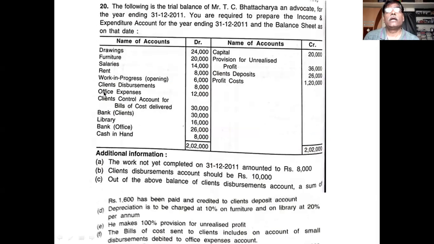Client disbursement, office expense go to income and expenditure. Client disbursement, client control, provision and asset go to the balance sheet. Bank, library books, bank, cash: these are the balance sheet items. Capital, balance sheet; provision, income and expenditure; client deposit, balance sheet; cost profit, income and expenditure.